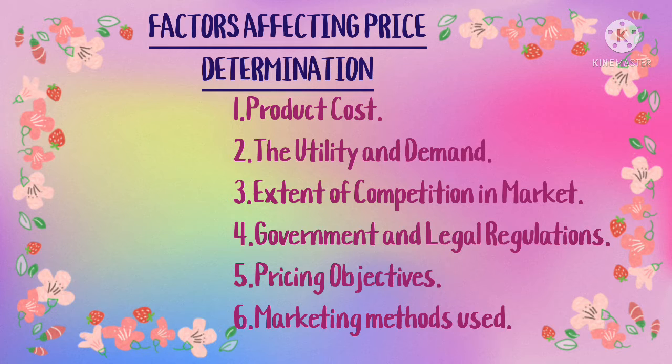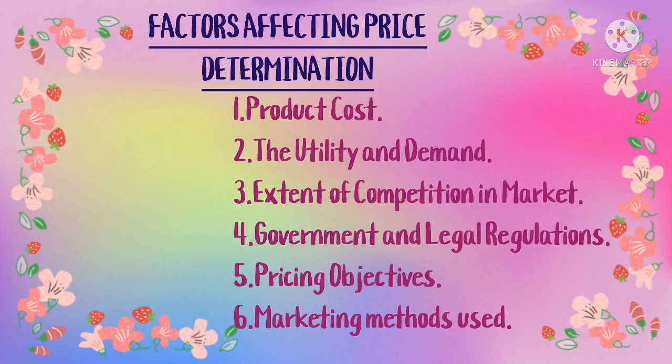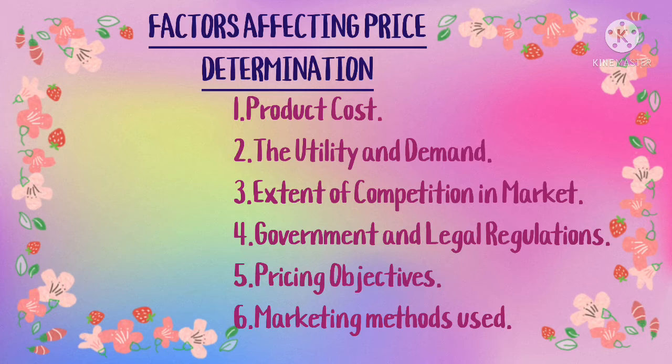Total cost means fixed cost and variable cost. Fixed costs are fixed irrespective of production level, for example, rent of factory, cost of machinery, salary of permanent staff, etc. Variable costs vary with the production, for example, cost of raw materials, wages of laborers, etc.